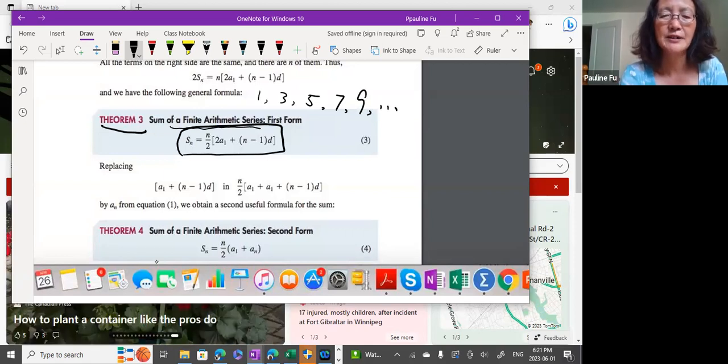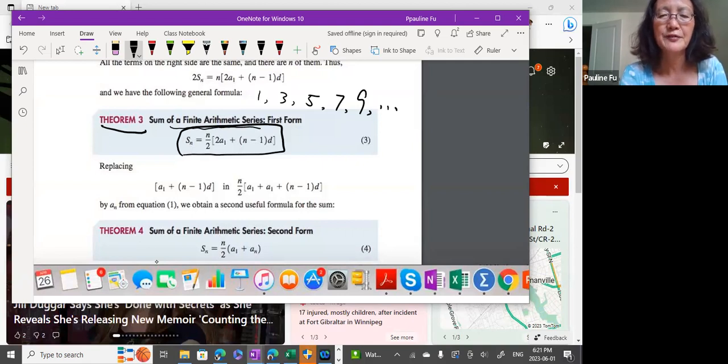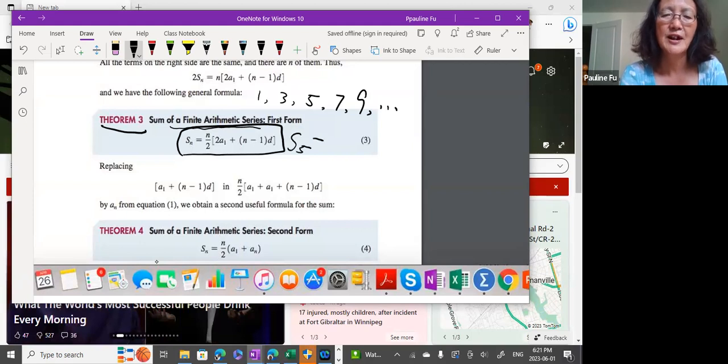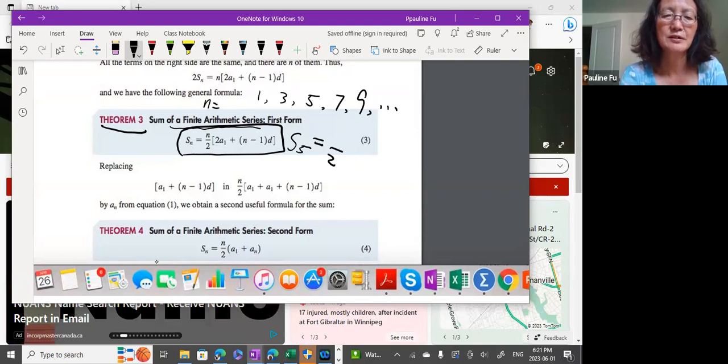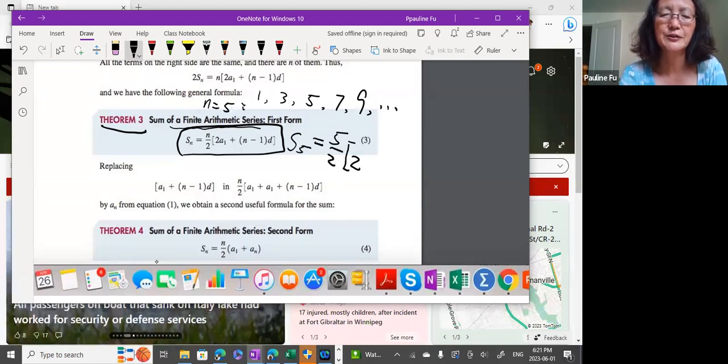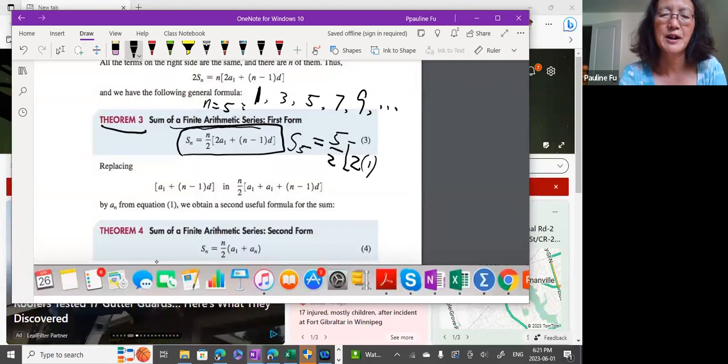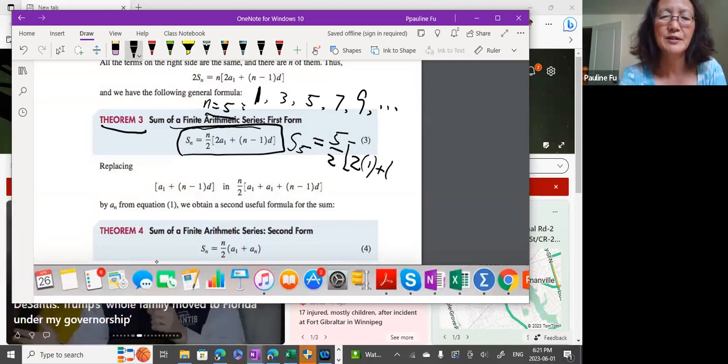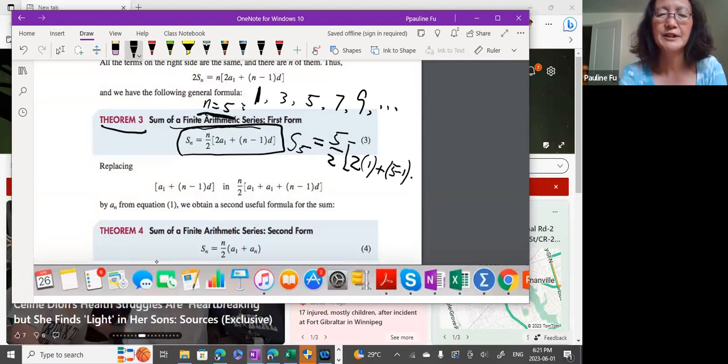So if you want to add the first 5 items, you are doing S5. So S5 with n equal to 5 in this example, and then the bracket 2a1, a1 is 1, plus n minus 1, n is 5, so 5 minus 1, times d.